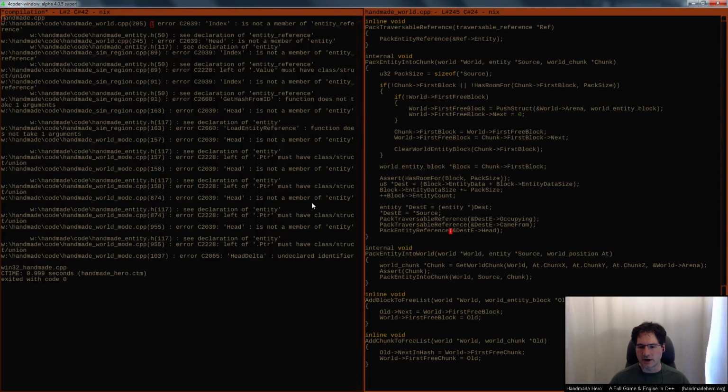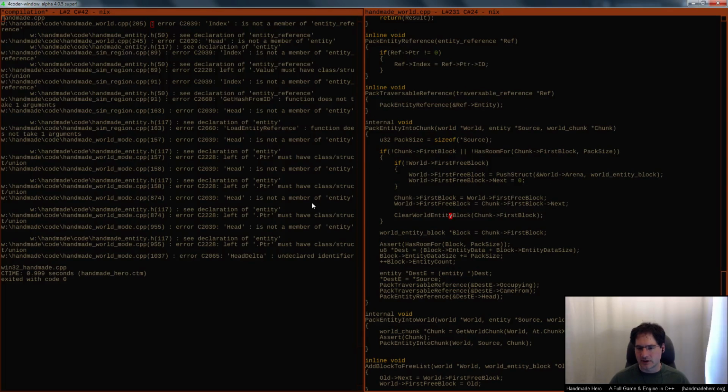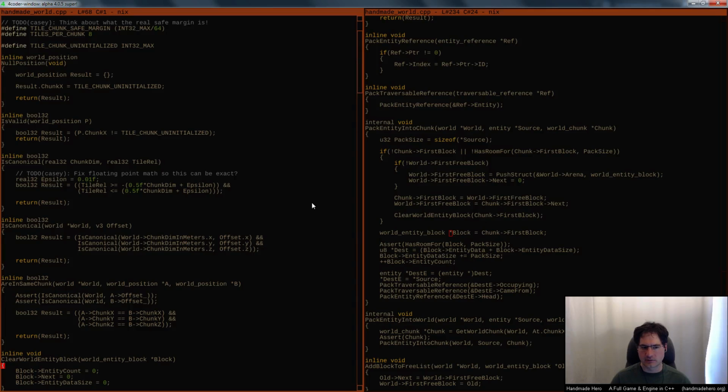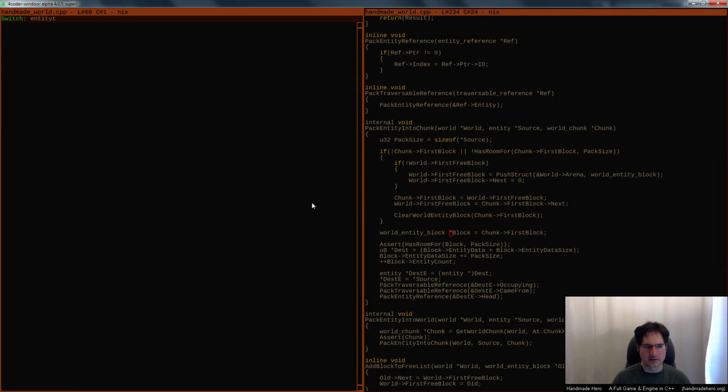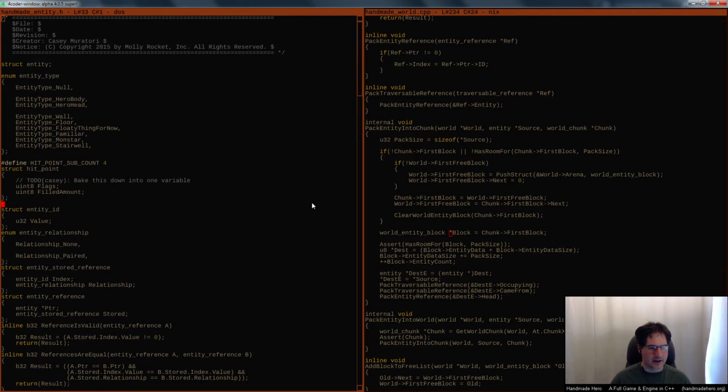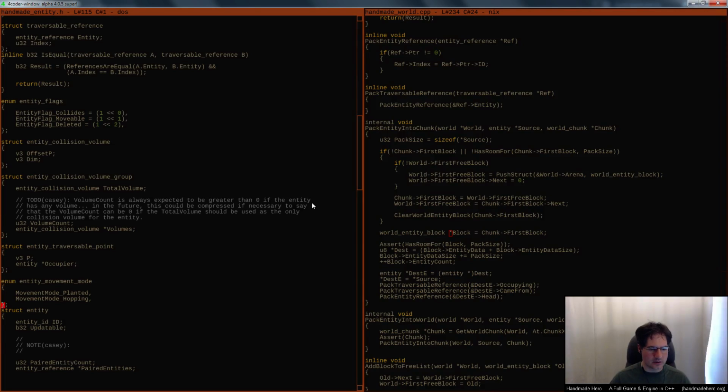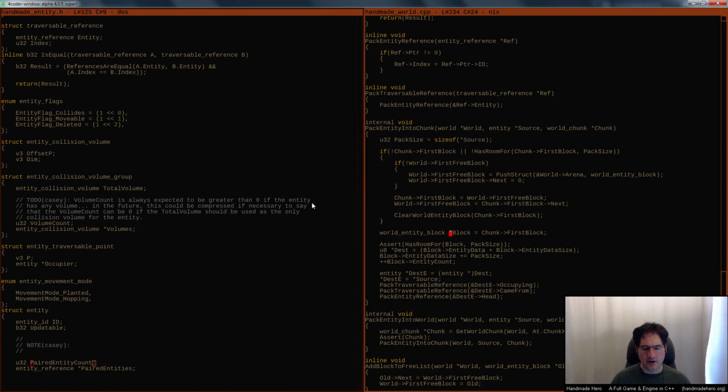So now what I want to do is say, okay, let's do a pack entity reference. What I want to do is say, how much room am I going to need for the array of this particular entity, right? And so we know that we will need to store a paired entity count of them, right?